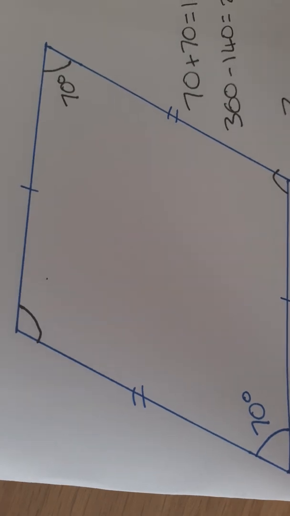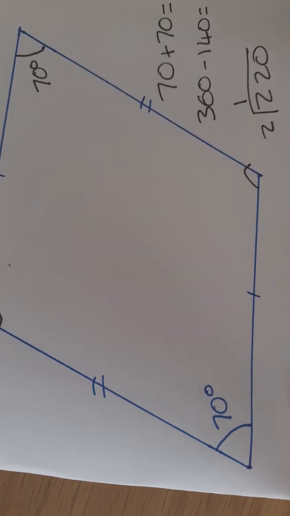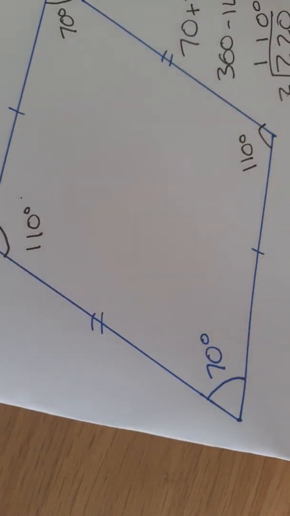Therefore, I need to do 220 divided by 2. 2 goes into 2 once, 2 goes into 2 once, doesn't go into 0. My missing angles are both 110 degrees.